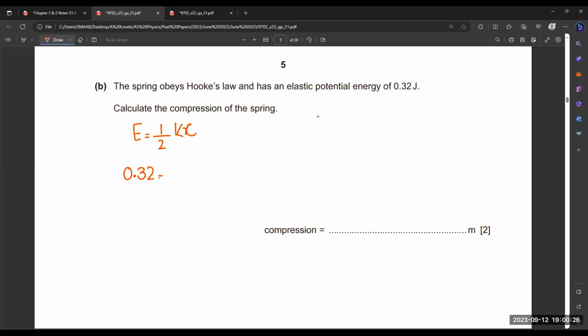And you multiply it by x, which is the unknown, and then you rearrange it to find x. You multiply by 2 and divide by 8.2. So you will get your final answer, that will be equal to 0.078, or we can round it off to 0.08. But shouldn't we have two significant figures? Yes, we have to write two significant figures. So we have 0.078.